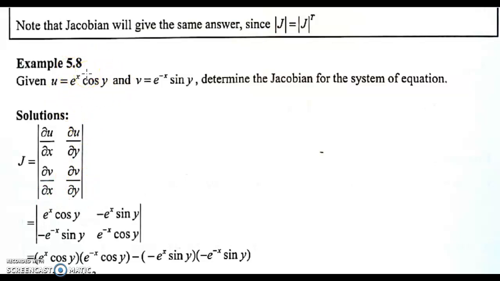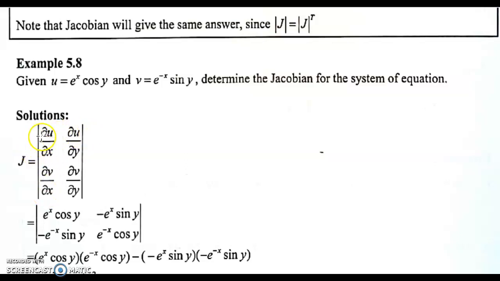Let's say you have x, y and z, then this will also expand accordingly, right? Regarding the arrangement of the partials in the Jacobian, the determinant of the Jacobian is also equal to the determinant of the transpose of the Jacobian. So it doesn't really matter if you arrange partial u horizontally or vertically.